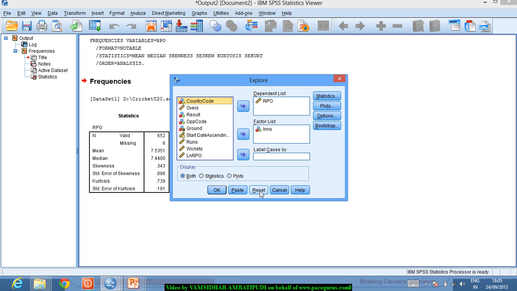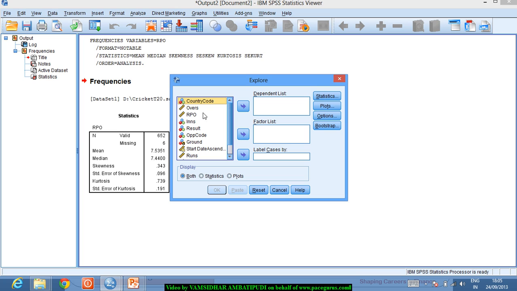We can reset first of all if there is something existing. Here the dependent list is the scale variable for which I want to find the pattern. I can have one or more dependent variables, but they all should be scale variables for which I need to find out the patterns in the data.